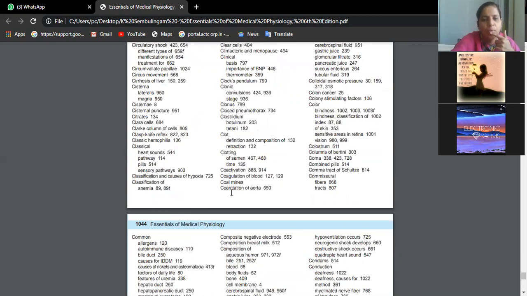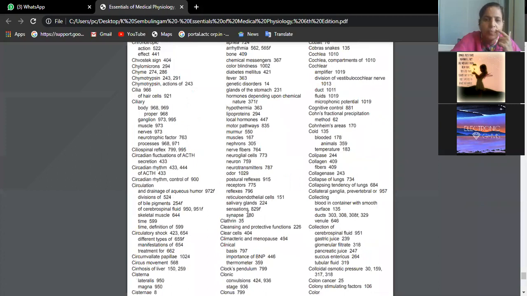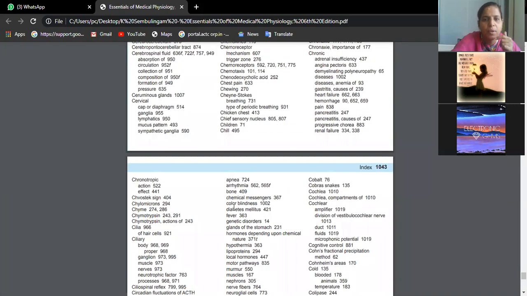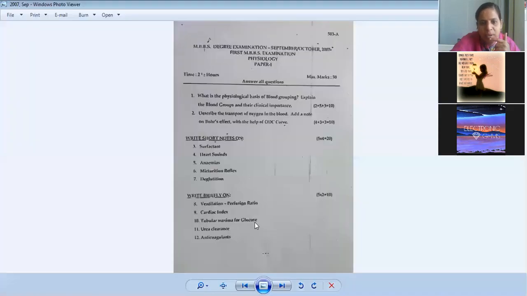Meanwhile, you please open the other answer, beta. Imad, Ritika, one answer each. I am checking cardiac index. You open in your books, no problem. Hema, you open anticoagulants, beta. Tubular maximum of glucose, Imad.